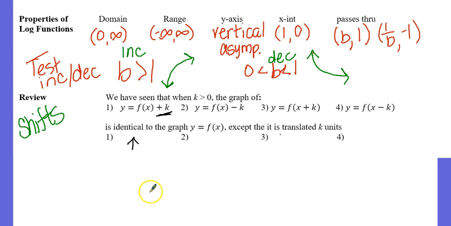You got it, up. Remember your shifts. If it's not included with the x, it's a vertical action, and you do what it says. That says plus k, so that means go up. Let's look at 2. Y equals f of x minus k is going to shift f of x down.